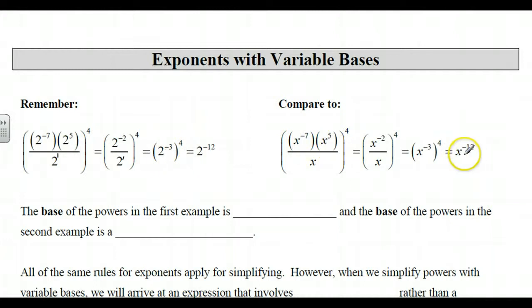And the answer is no, as long as these bases are the same. So the base of the powers in the first example is 2, and the base of the powers in the second example is, well, okay, let's be a little more specific then. Let's say that this base is a number, which in our case is 2, and in the second example is a variable, x.